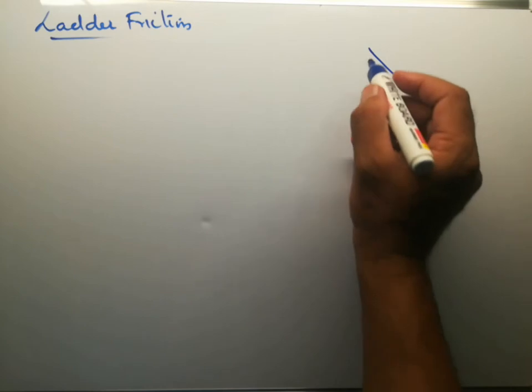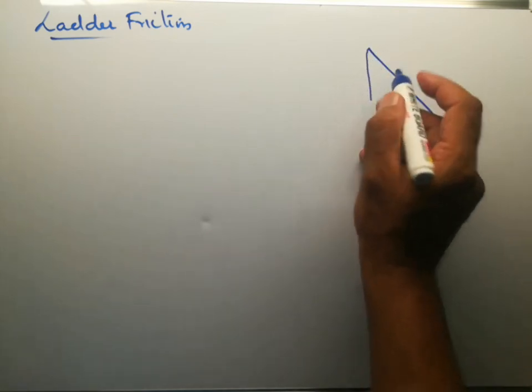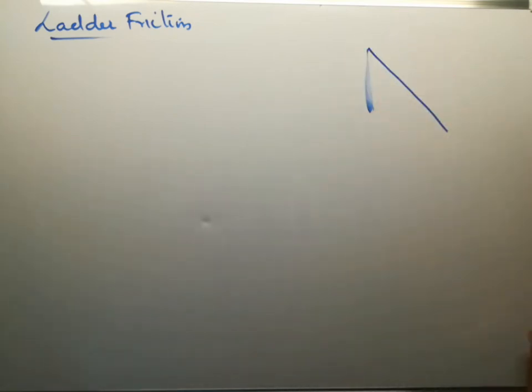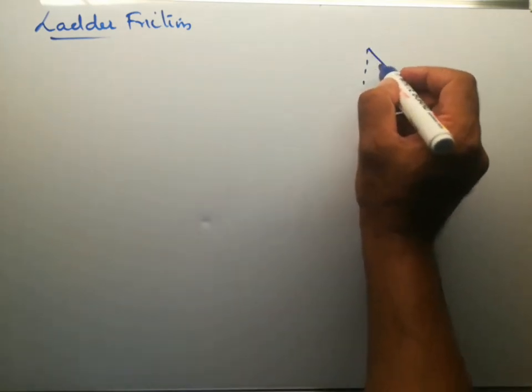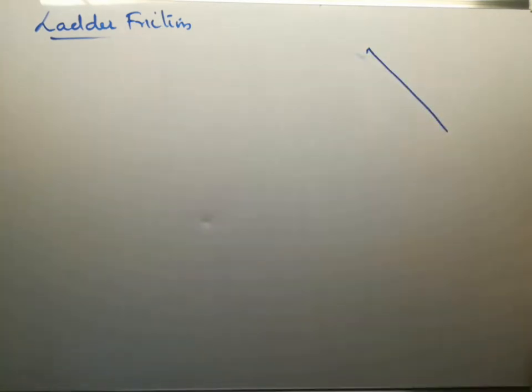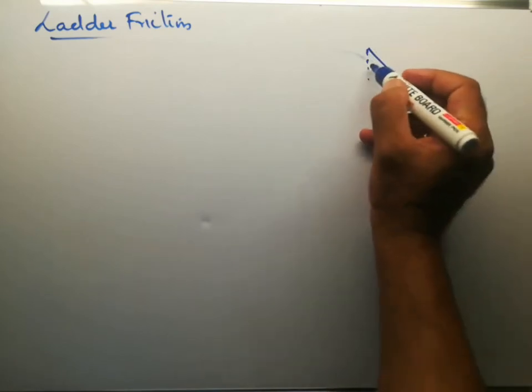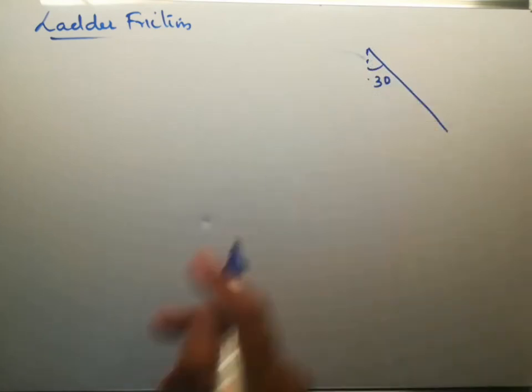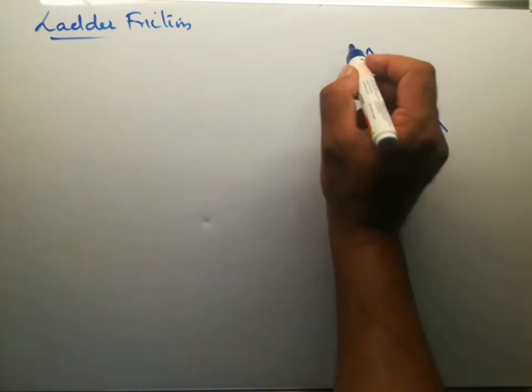So this is the ladder. This is the vertical wall, and this is the angle 30 degree. It was given in the question.